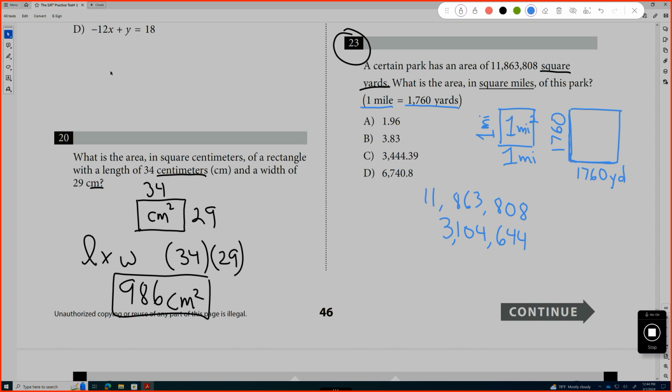Well, 1 square mile is the 3 million yards. So how many of them will fit into the 11 million? That's a division problem. So we divide the 11,863,808 by the 3,104,644.